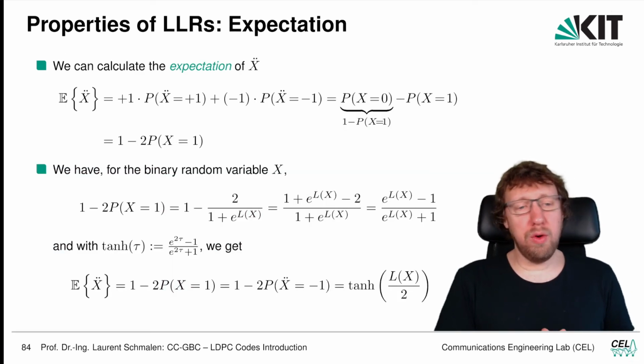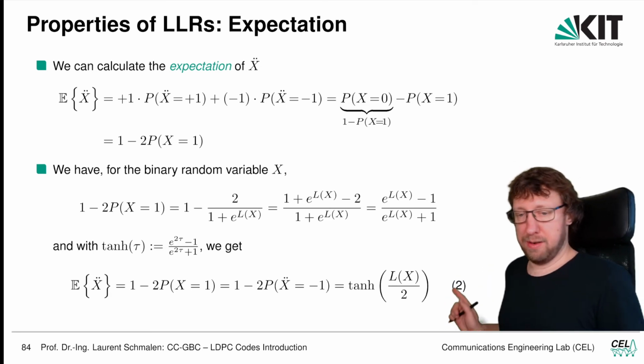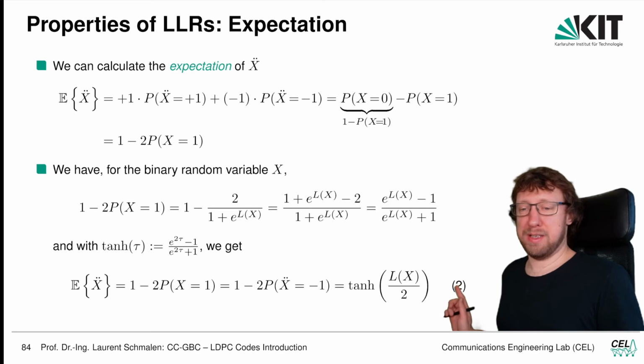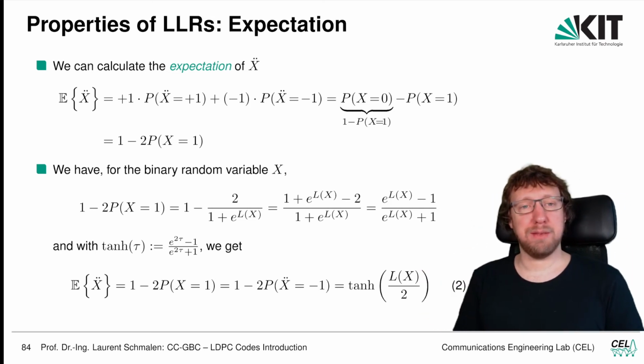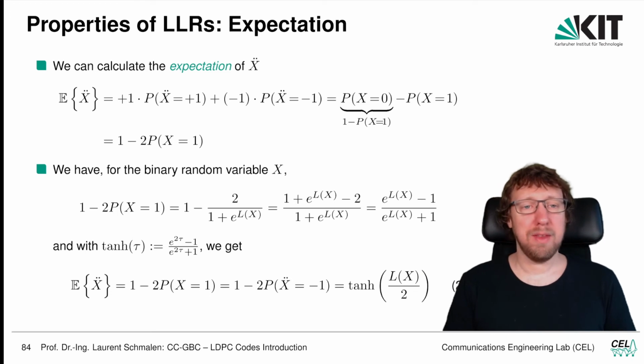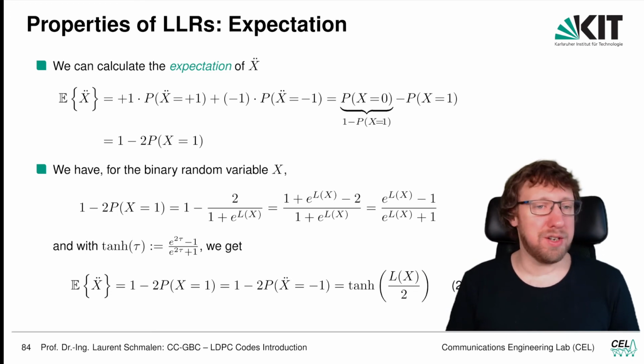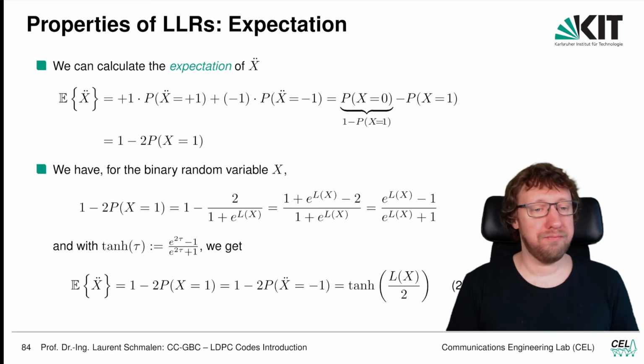So what we do now may not be immediately obvious as to why we need it, but as you can see here, we store this. This will become obvious later. This will be an expression that is going to be useful later. So we calculate the expectation of x double dot.